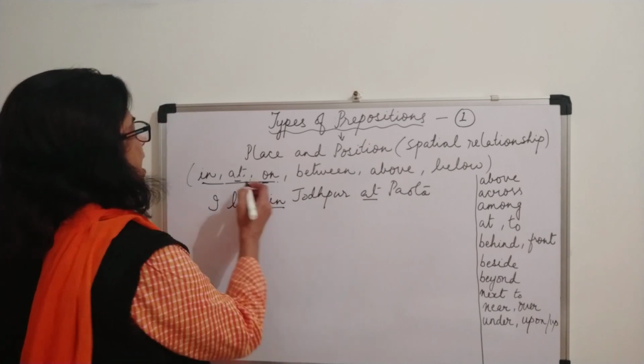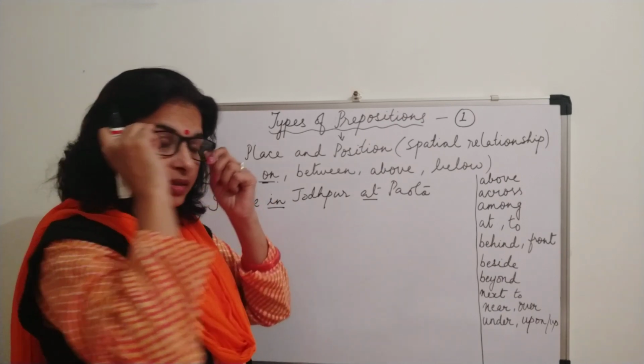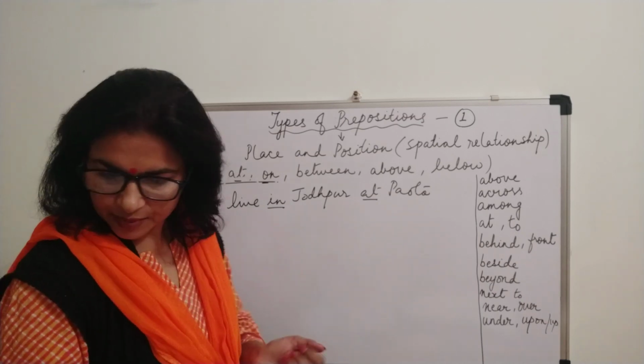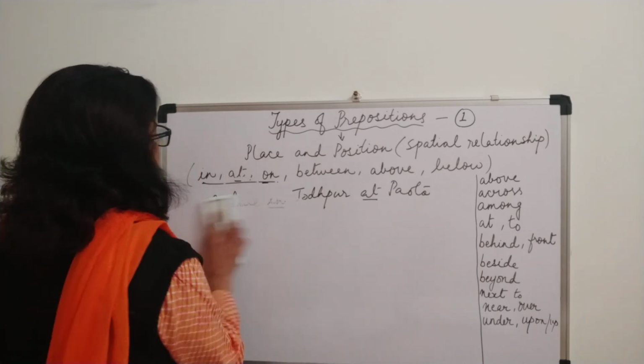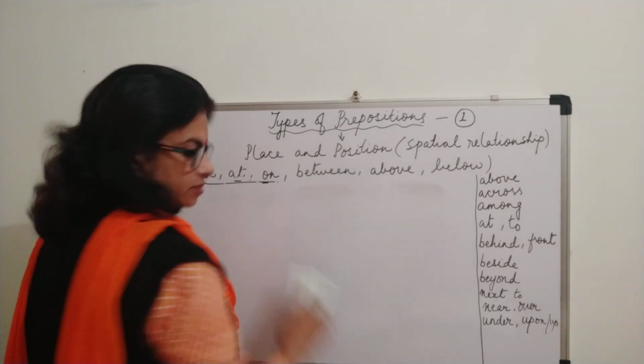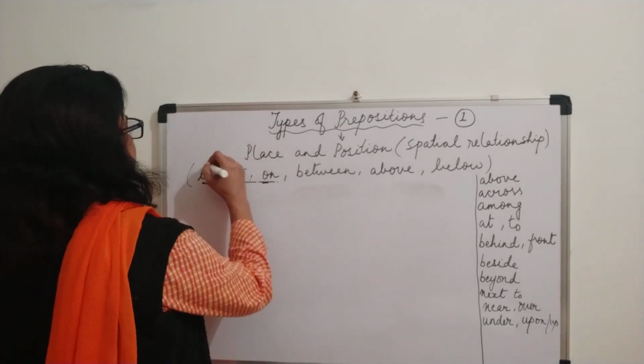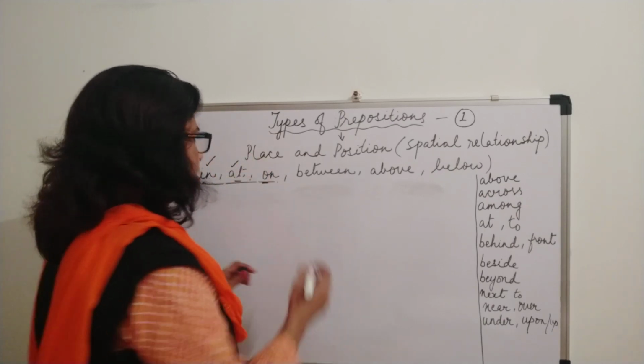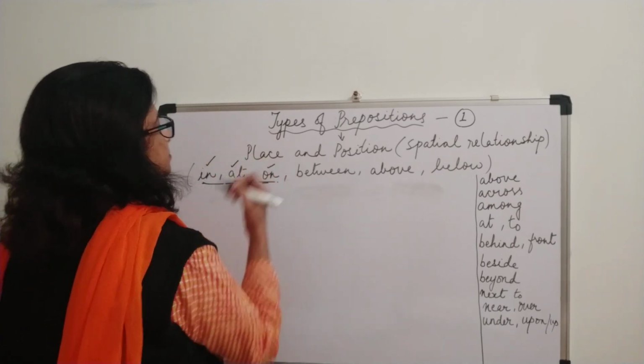Now let us see at, isn't it? Sometimes even to and at, what is the difference between them? Many a time you are confused. Now see, in, at is over. Now on.